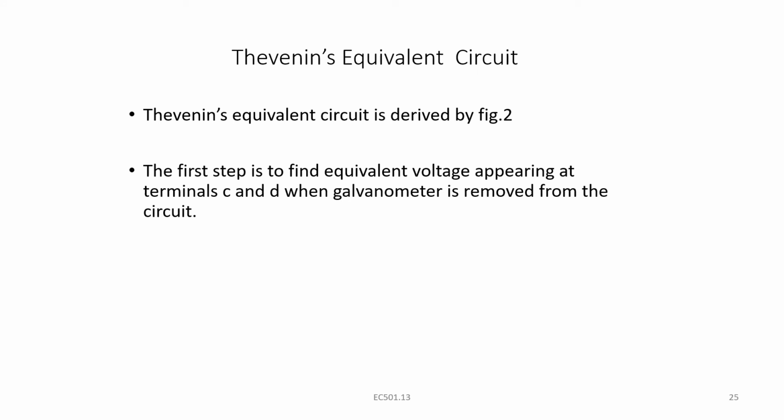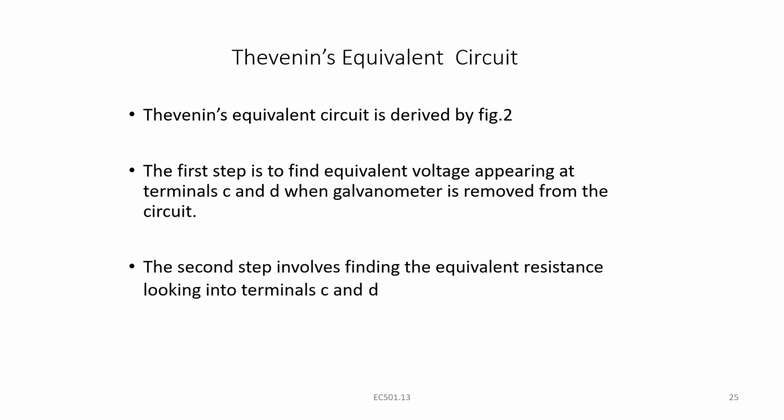Now, the procedure to find out the Thevenin's equivalent is to find the equivalent voltage appearing at terminals C and D when the galvanometer is removed from the circuit.